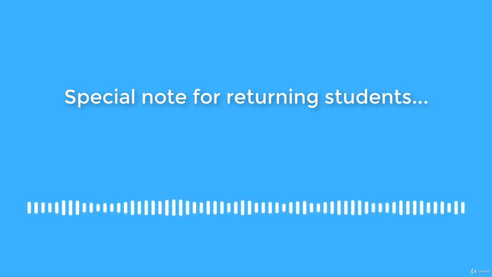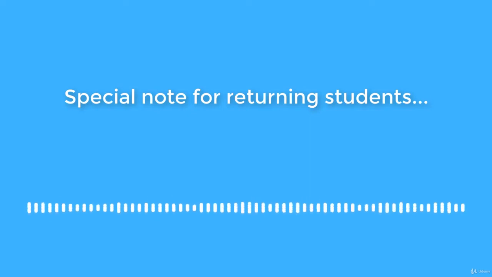So whenever I describe any information that has already been discussed in any of our other courses, then I will make a special note for you to let you know that a certain lesson or certain information has already been discussed in other courses.